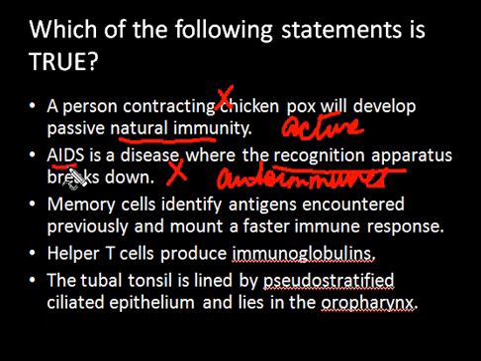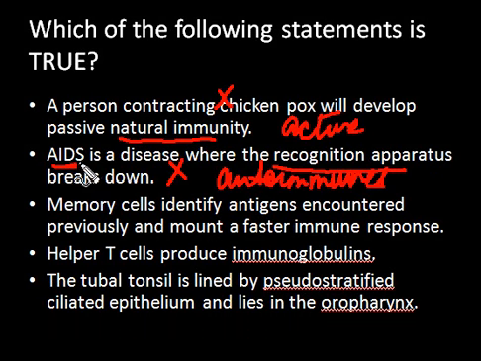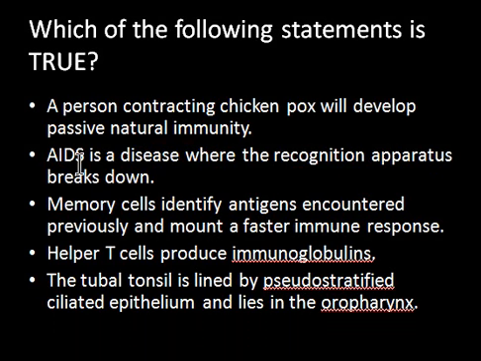AIDS is a disease where the immune system is compromised, because the helper T cells, which are also known as CD4 cells, the most important cells in the immune system, are destroyed. So if these cells are destroyed, then the cloning of the cytotoxic and the B lymphocytes cannot occur. So the immune system is totally compromised.